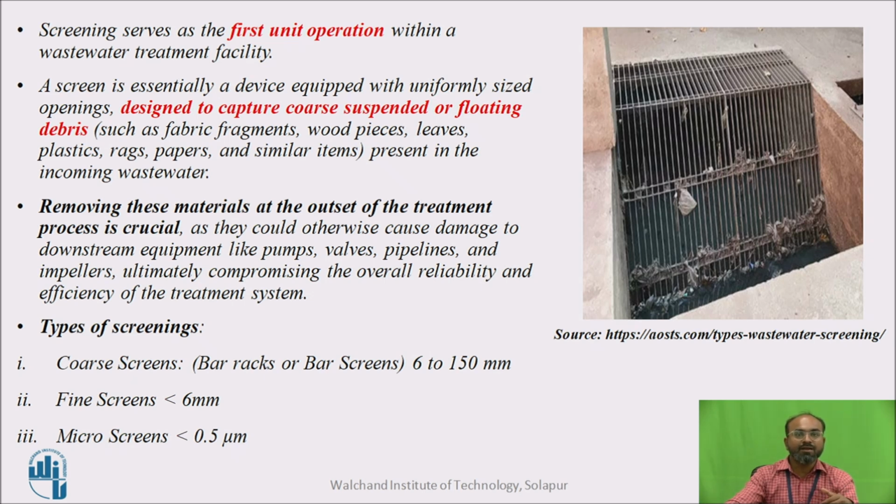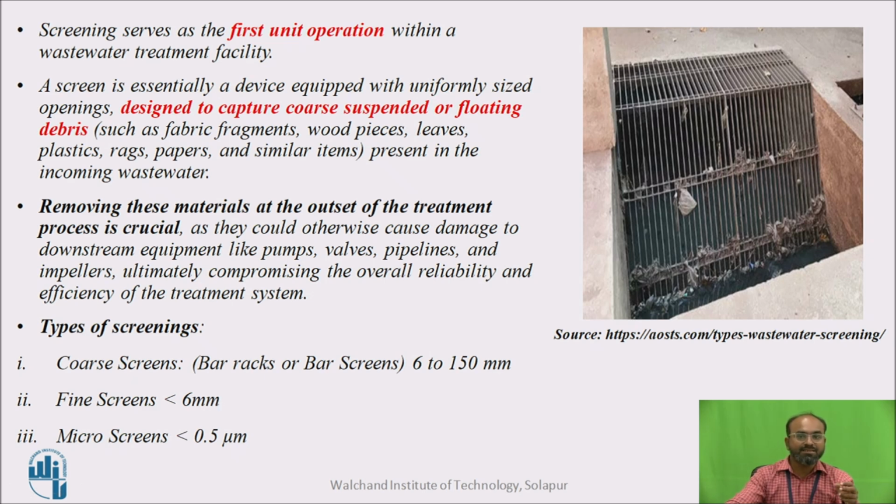Now, when we move ahead with the technicality, we must understand that screens are of three types. The first one is coarse screens, which we can call bar racks or bar screens, having a pore size between 6 to 150 mm. Then come fine screens, which remove particles smaller than 6 mm.